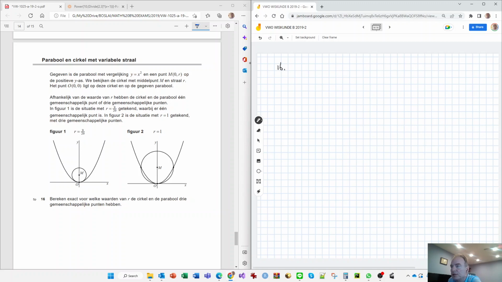Then they ask us to calculate exactly for which values of r there are three common points or three intersections.